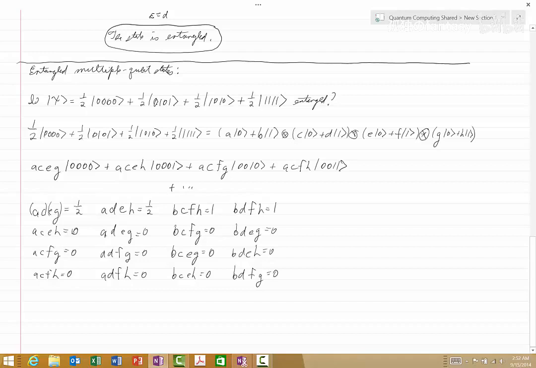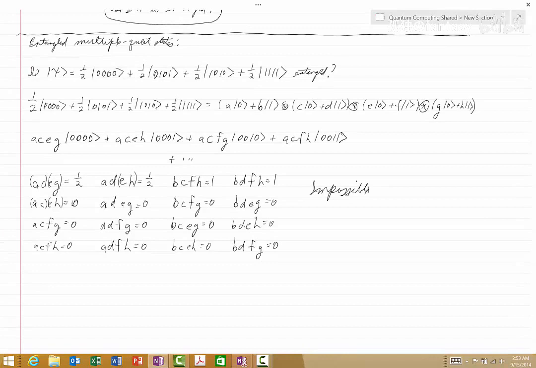But this next equation says AC times EH is equal to 0, so that means that EH must be 0. But now we come up here, and if EH is 0, then this equation right here becomes impossible. So it doesn't take long to see that writing this state as a tensor product in this way is impossible.